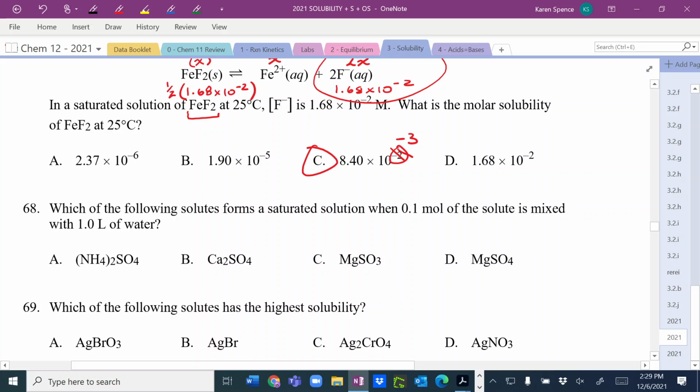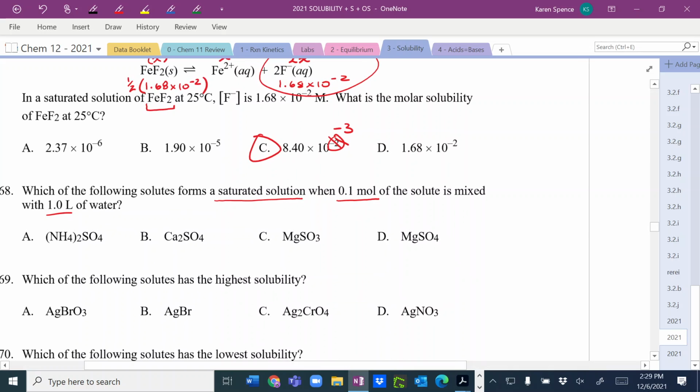Which of the following forms a saturated solution when we have 0.1 moles in 1 liter? If we have 0.1 moles in 1 liter and it is unsaturated, what kind of a compound would that be?